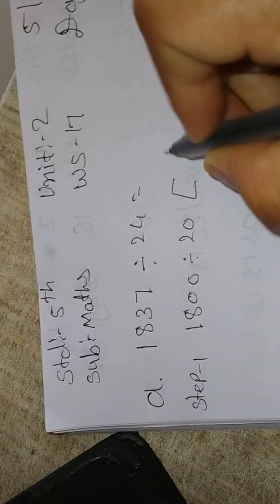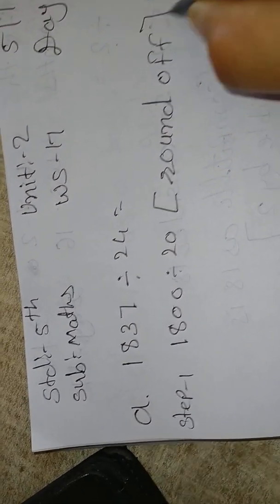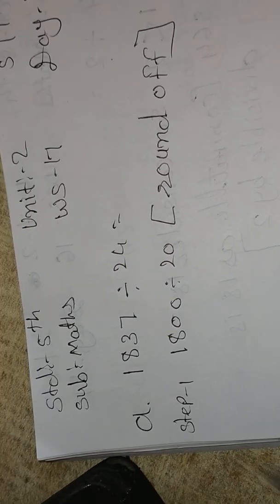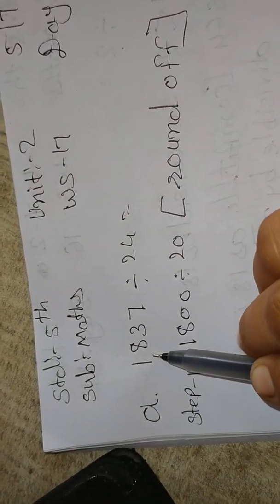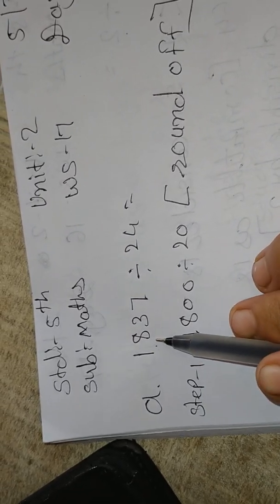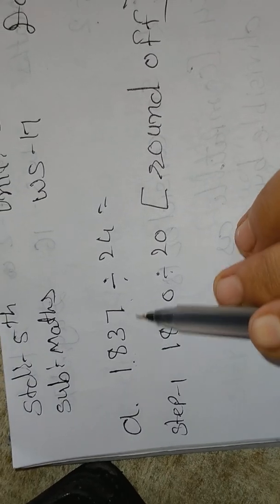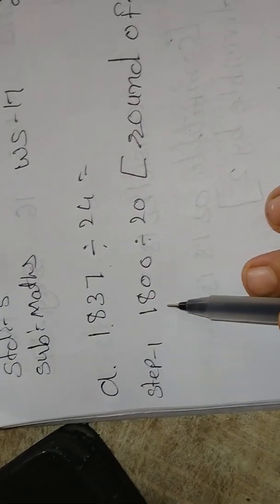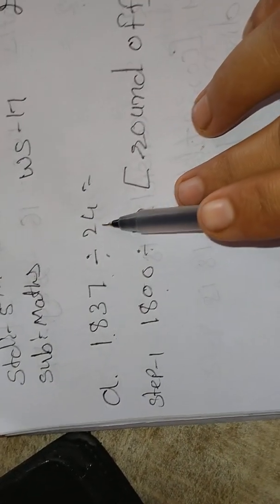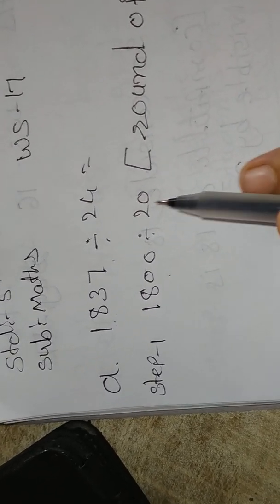In a bracket, we have to write round off. हमने यहाँ पे क्या किया, 1837 का नियरेस्ट राउंड ऑफ हमने ले लिया. सो हमने जो 3 and 7 थे उसको 0 में कन्वर्ट कर दिया. So here 18,000 is there. 24 nearest tens is 20. So we have to write here 20.